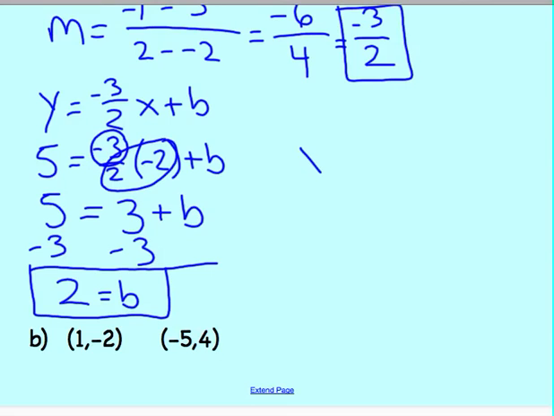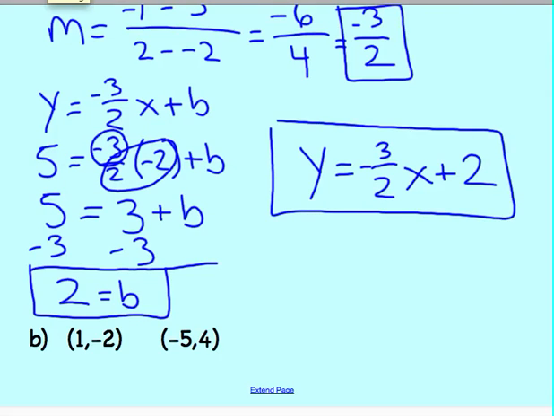So your last step is to always take the information that you found and write the equation of the line. Again, all your answers should be in slope-intercept form. So y equals -3 over 2x plus b, which is 2. So plus 2, and that's how I write my final answer.